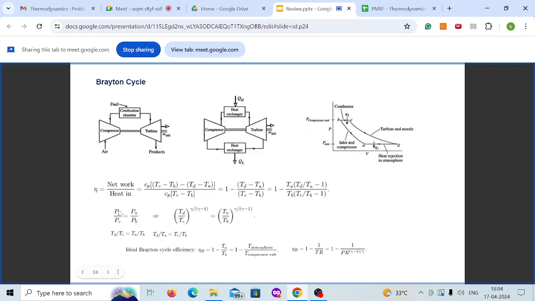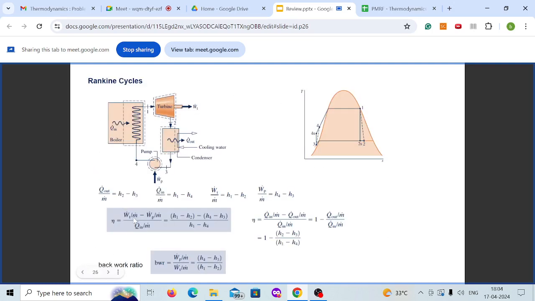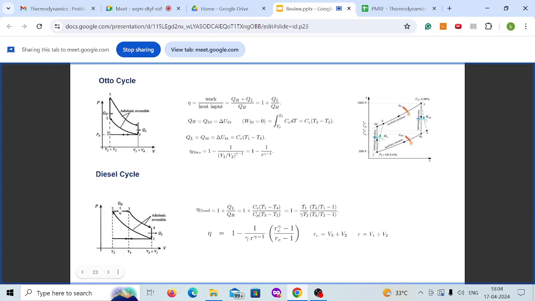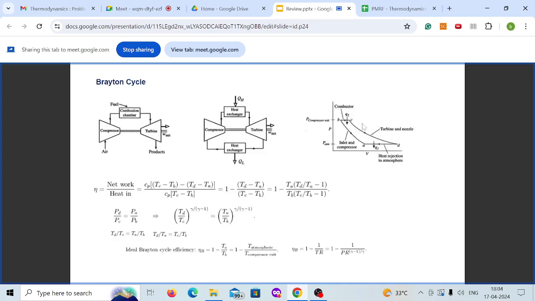In the diesel cycle your addition was at constant pressure, so just extend it and say rejection is also isobaric. In Otto, you had both isochoric processes and 2 isentropic processes. In diesel, you had 2 isentropic, 1 isobaric and 1 isochoric. In Brayton, you have 2 isentropic and 2 isobaric processes.